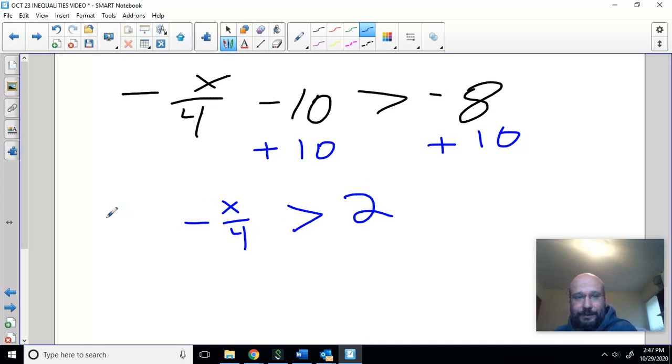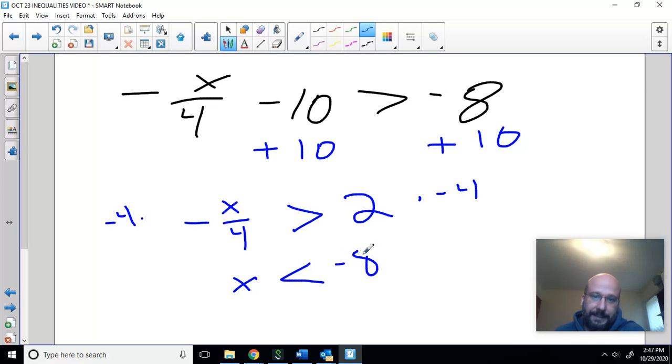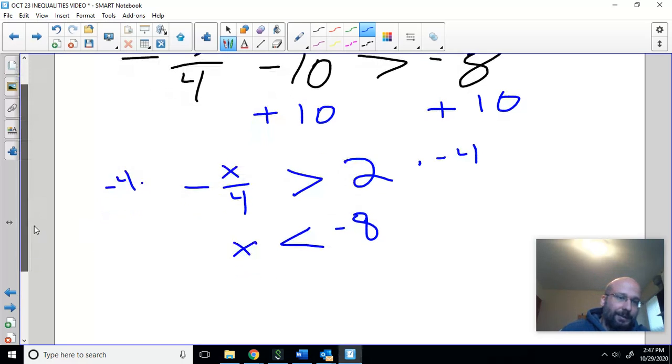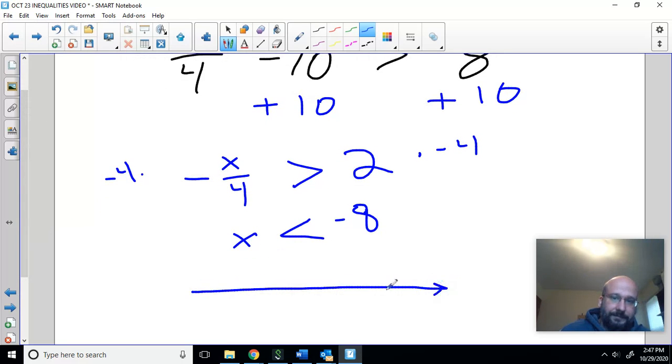Got a -4, so that means I got to multiply both sides by -4. And I have x equals -8. I flipped the sign because that's a -4. So I had to change my sign. And if I was to graph it, -8, 0's here, open circle, less than.